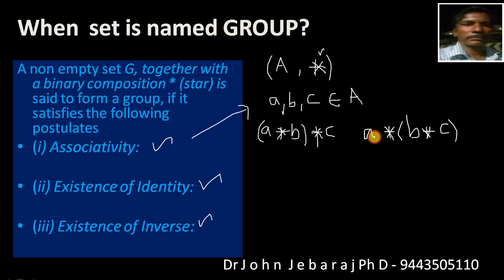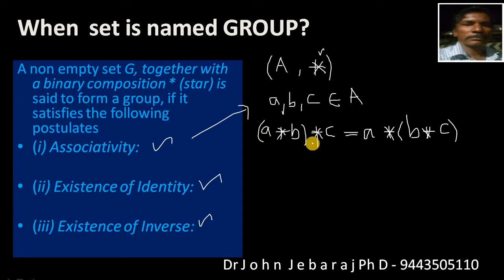Give importance here and listen carefully. In the first case, the first element is associated with the second element with respect to the binary operation, and then the third element is associated. In this case, the second and third elements are associated first, and afterwards the first element is associated. For any three elements A, B, C, both are equal.